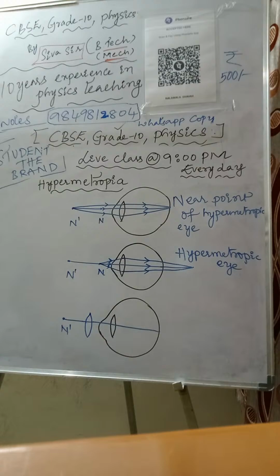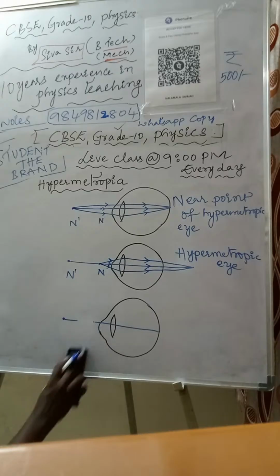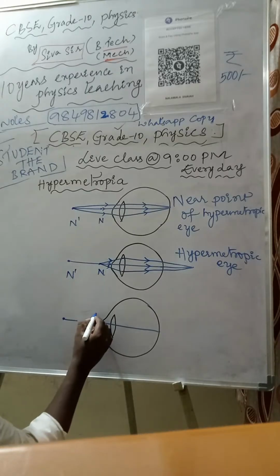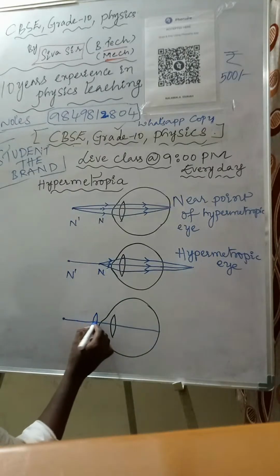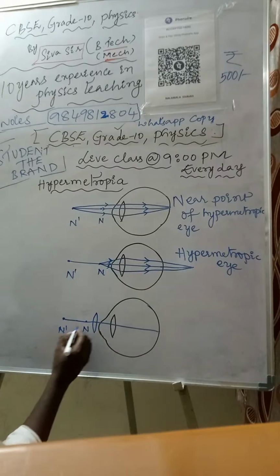So we are using a convex lens. So N dash.